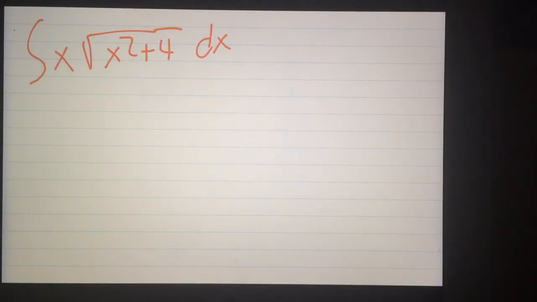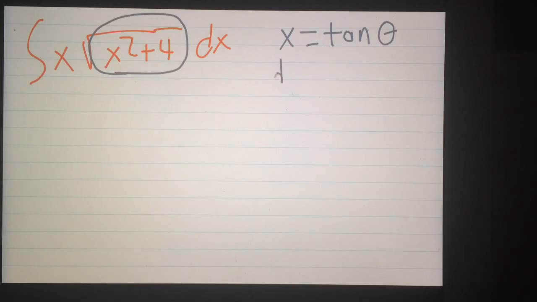Okay, so let's look at this problem here. Now, again, the first step with this thing is recognizing the form. And there's something that looks awfully familiar about this. If you remember from 2 slides ago, you'll see that this is the same as tangent. So let's just substitute in x for tan theta and dx for secant squared theta.